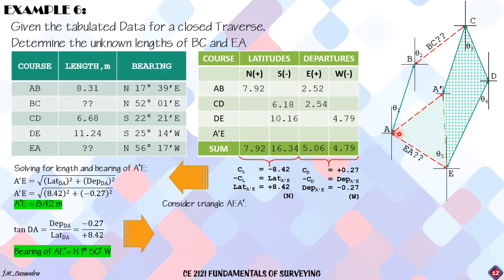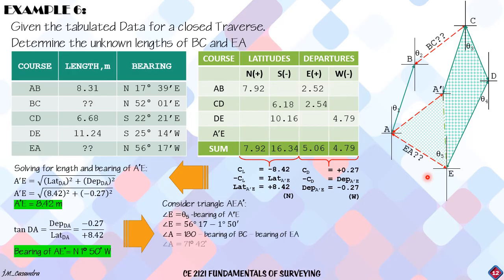So with this, we have this line known, unknown length. So we could solve now for angles formed by the triangle. That will be theta 5 minus the bearing of EA prime.